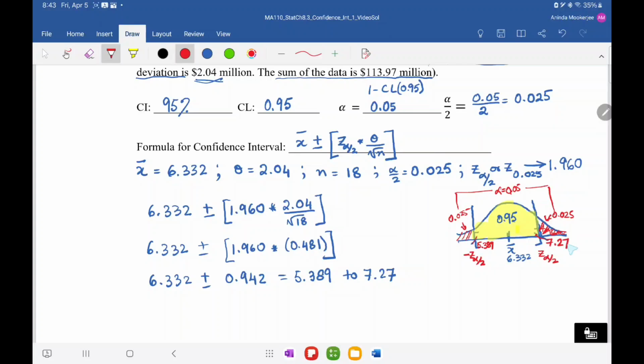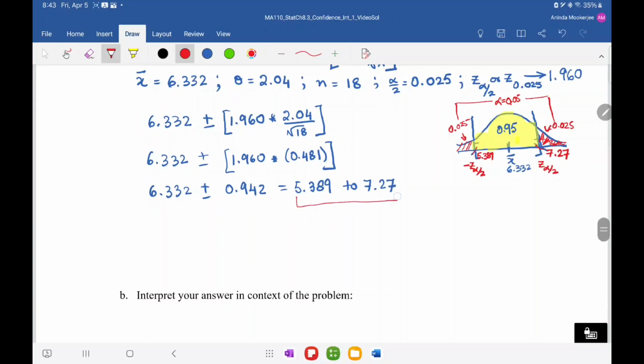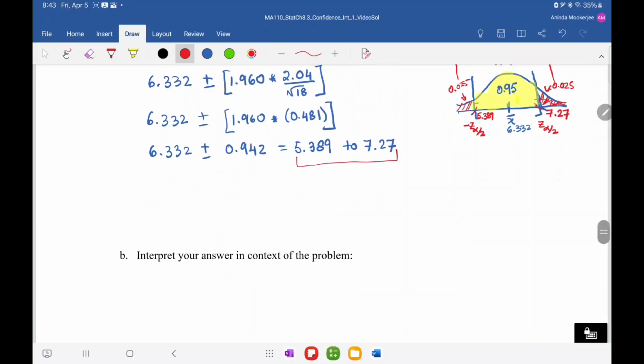So our interval spans a range of values from 5.389 to 7.27. So we have found our interval. What we need to do now is interpret it in context of the problem.